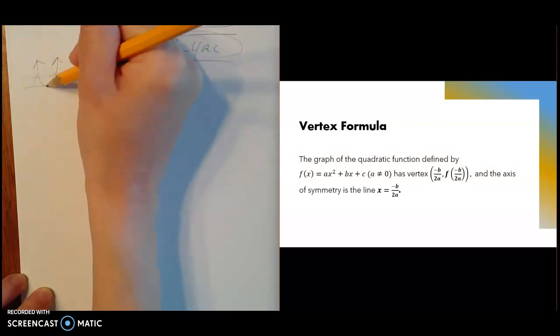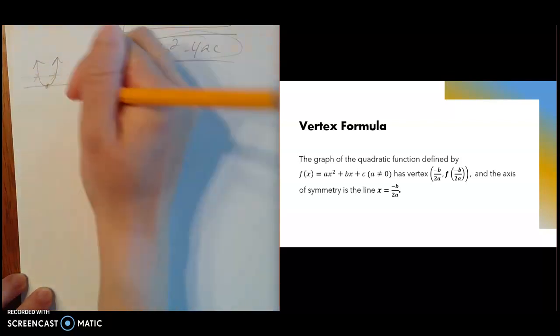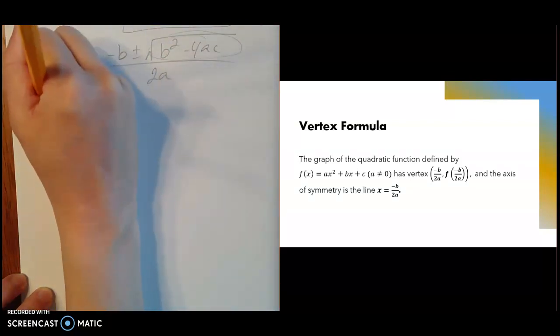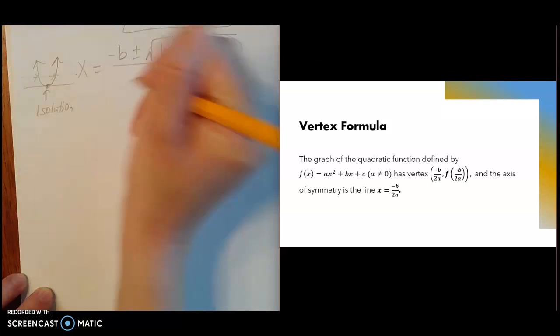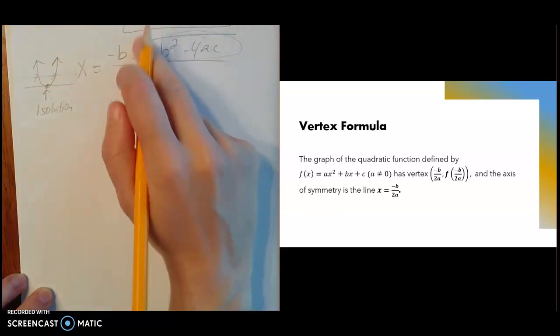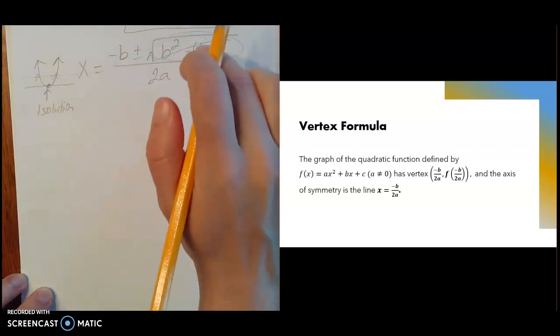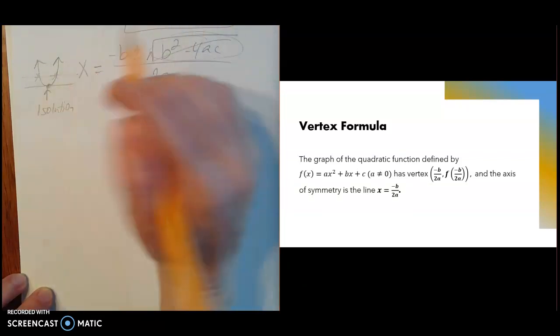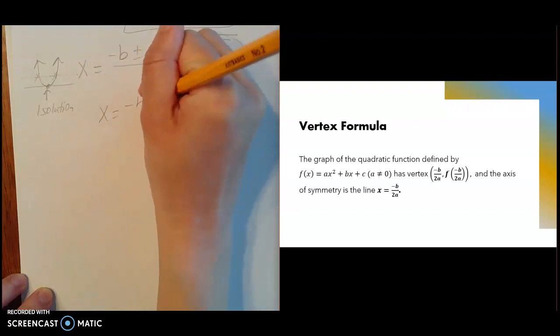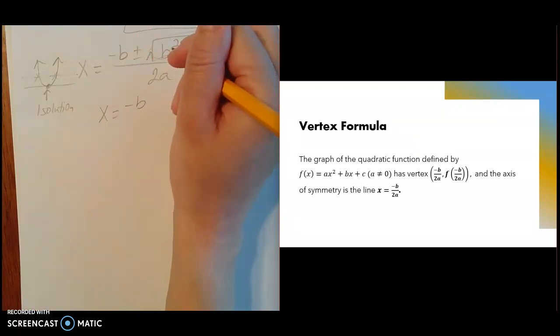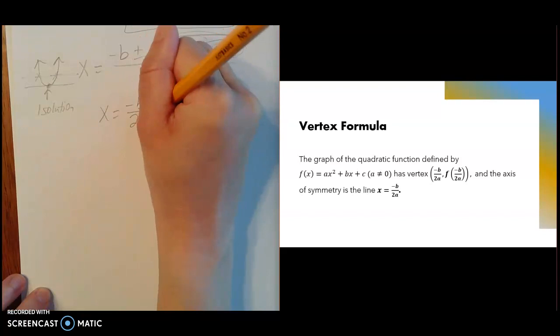But right here, at that vertex point, you only get one solution. And the one solution happens when b squared minus 4ac is 0. And so when that is 0, your x value is just negative b plus or minus 0, so that's just negative b over 2a.